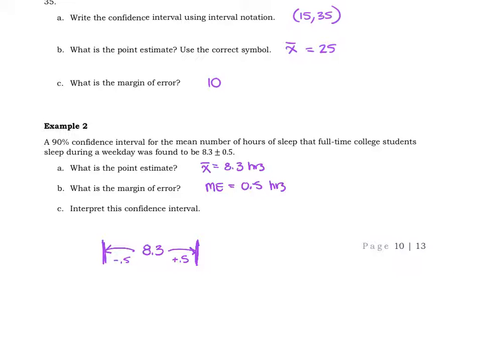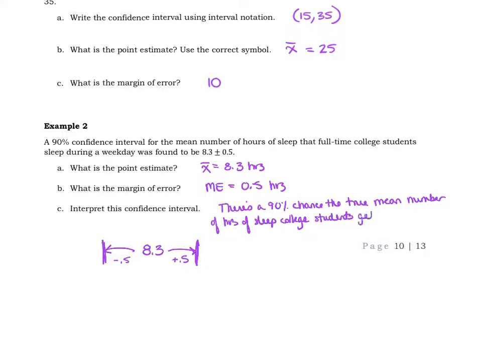And then interpret the confidence interval. So there's a 95% chance the true, now this is not a proportion, we're talking about the true mean number of hours of sleep college students get during weekdays is between, and on the low end, 8.3 minus 0.5 is 7.8, and on the upper end, 8.3 plus 0.5 is 8.8 hours.